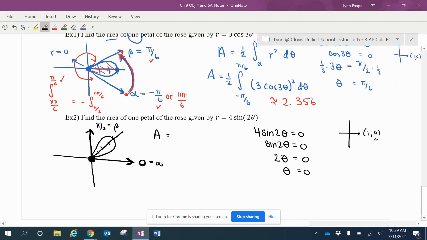So that area would equal 1/2, the integral from 0 to pi over 2 of r squared. And then I'll let you guys do that. And that is the end of this lesson.